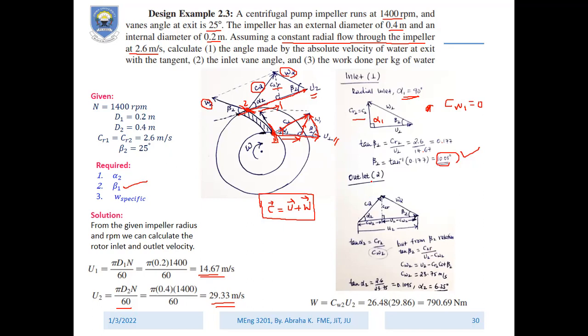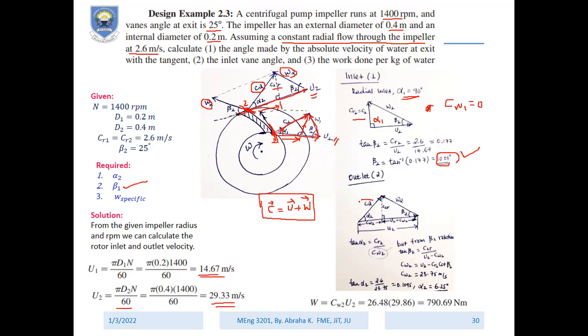From the outlet velocity triangle, one thing required to be calculated is alpha 2. So alpha 2 can be found from the outlet velocity triangle. We have this U2 and we have this C2 and W2.